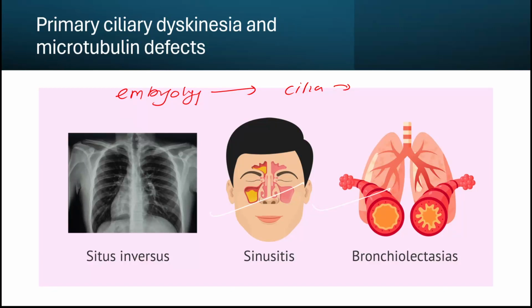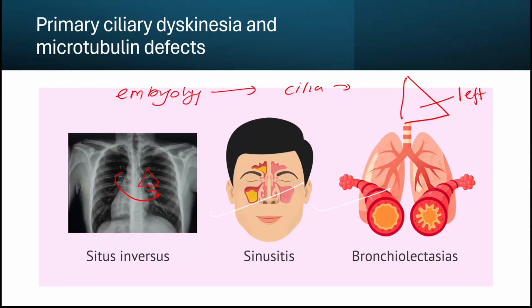An individual who has ciliary dyskinesia, or defects within the microtubules which lead to malfunctioning of the cilia, will not show this embryologically. Usually the heart is seen on the left because it was initially rotated from right to left. But in these circumstances, this does not happen.